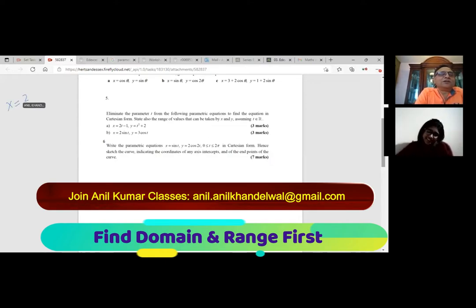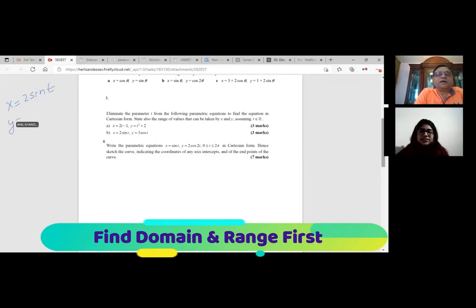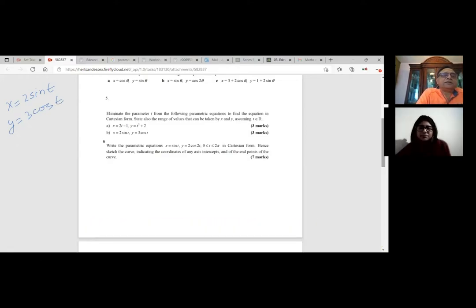Correct. So now let's work on the Cartesian form of this equation, right? So x is 2 sine t and y equals 3 cos t. Use an identity. You know cos square and sine square theta, when you add them, you get 1, right? So isolate sine and cos. So we have sine t in this case as x over 2, half of x. cos t is 1/3 of y, correct?